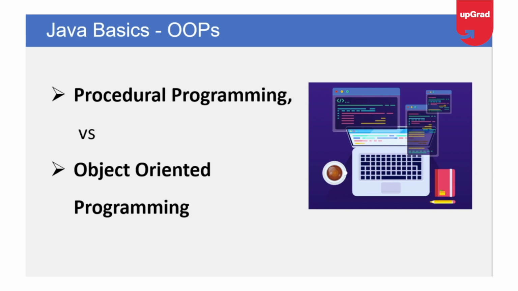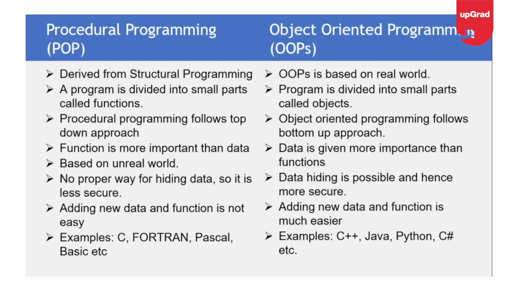Before object-oriented programming, we used procedural programming. Before we start with OOPS, let's see the difference between procedural programming and object-oriented programming. Procedural programming is also known as procedure-oriented programming. This is derived from structural programming.